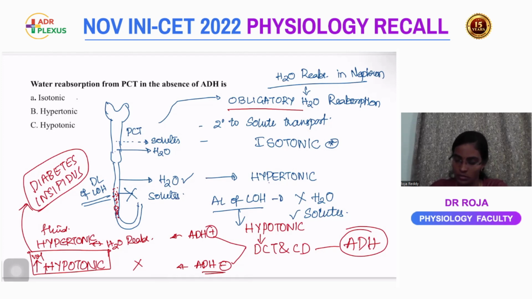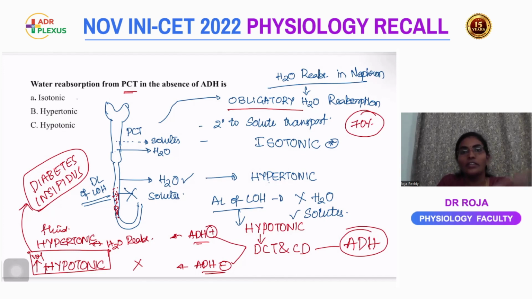This is a normal phenomenon. And the question over here is asking about the PCT. As mentioned earlier, PCT water reabsorption is dependent purely on the solute reabsorption, and hence we are calling it obligatory water reabsorption, which is around 70% of water reabsorption. And that is independent of ADH.